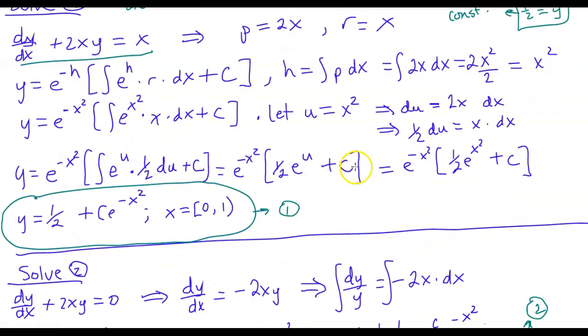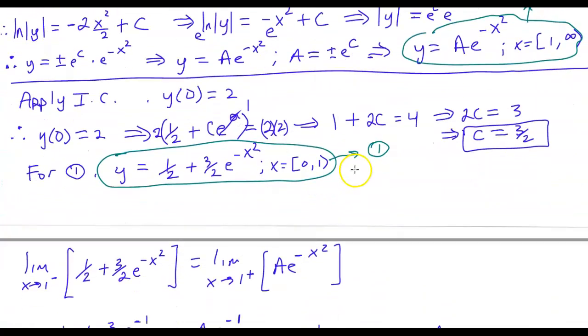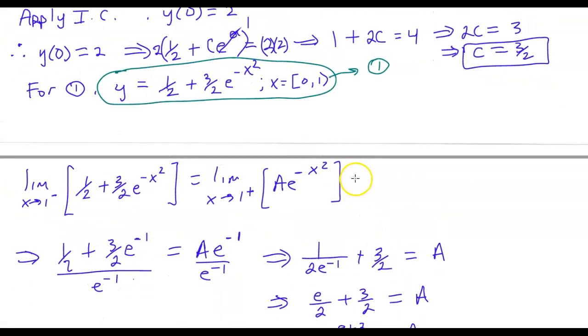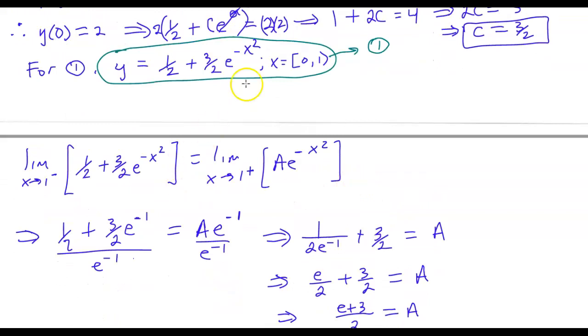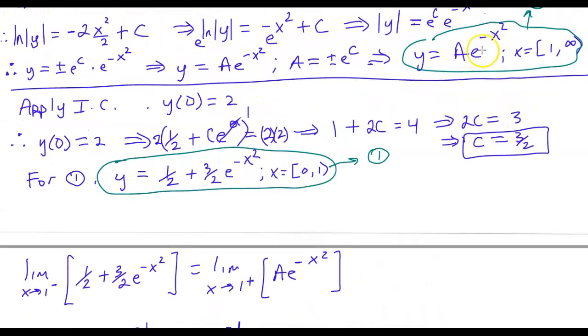So in addition to the answers that I have here for our first piece and our second piece of our solution, of course, where a is e plus 3 divided by 2, I also need to include the fact that y would have to be 1/2 at some point, okay?